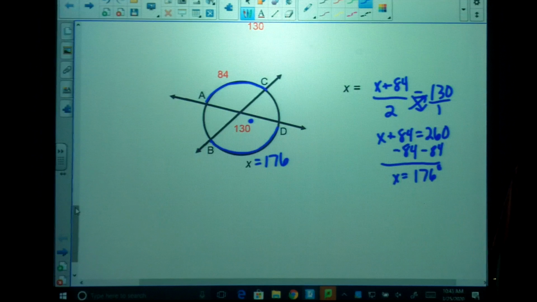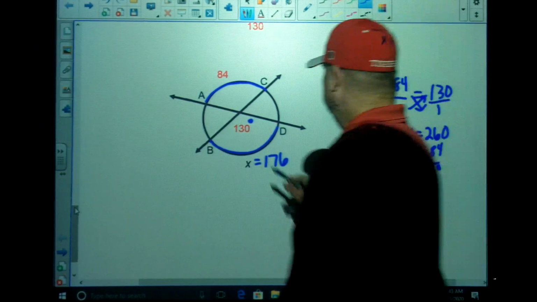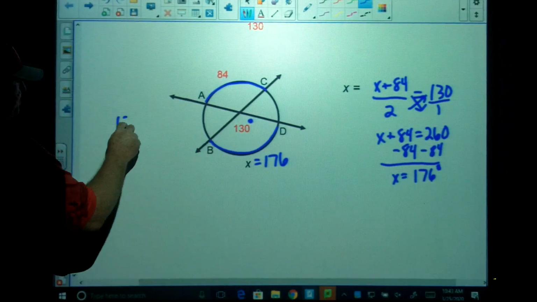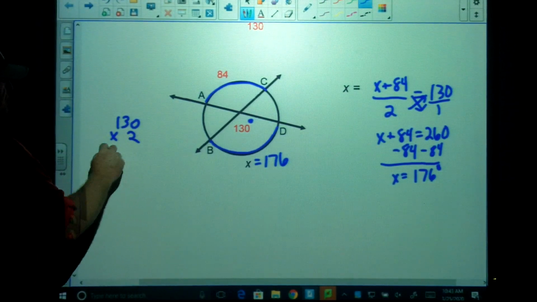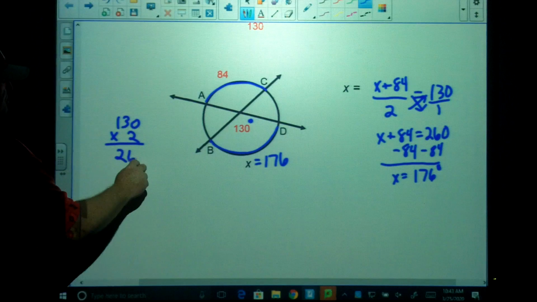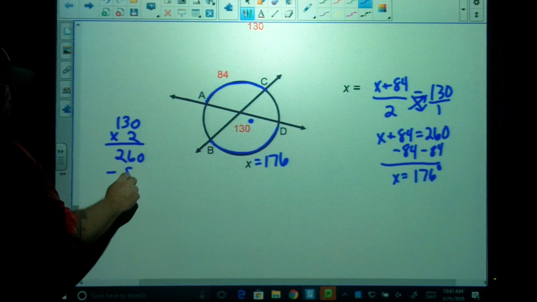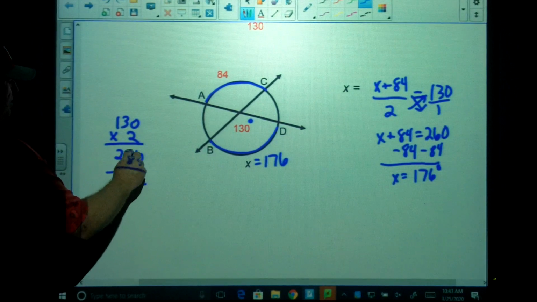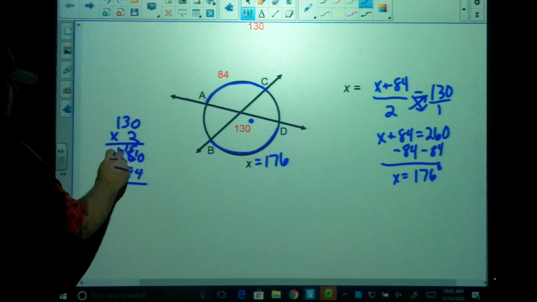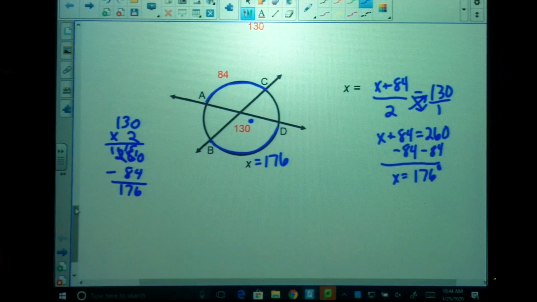Now, if you wanted to, you could work backwards. You could take your angle, which is 130, multiply it by 2 to get 260, and then subtract the 84 to get 176. Because essentially what you're doing is working backwards.